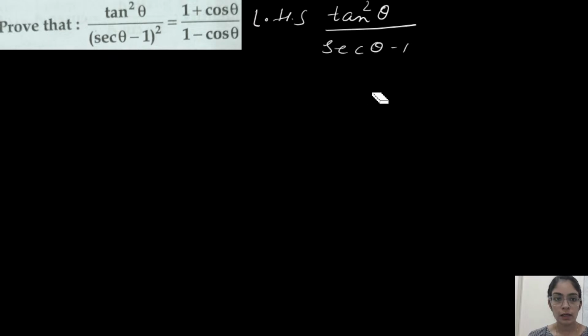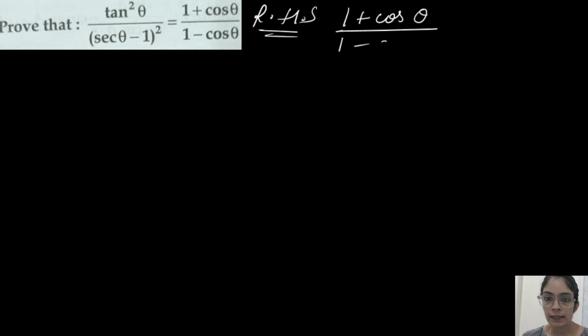Okay, let's see. But you have to give me suggestions of what can be done. I just want to show you both the sides we can use. So right hand side is 1 plus cos theta by 1 minus cos theta.